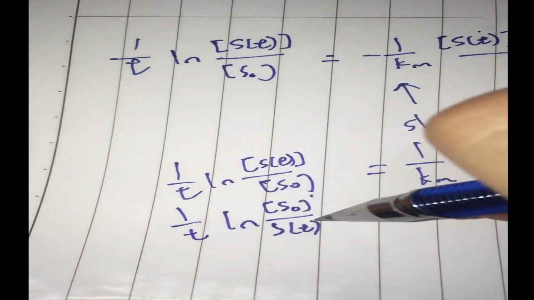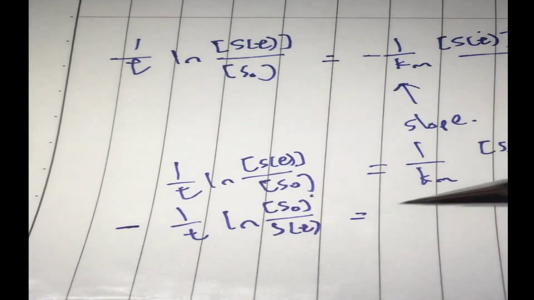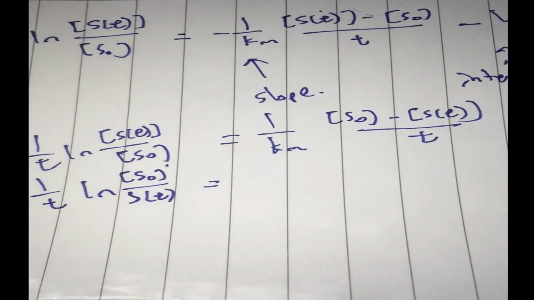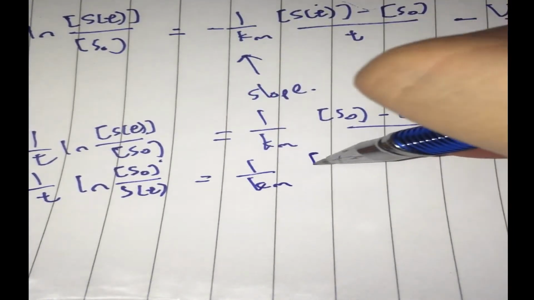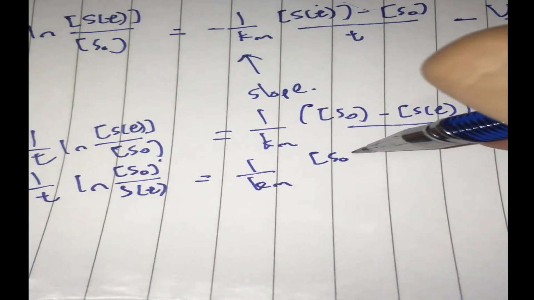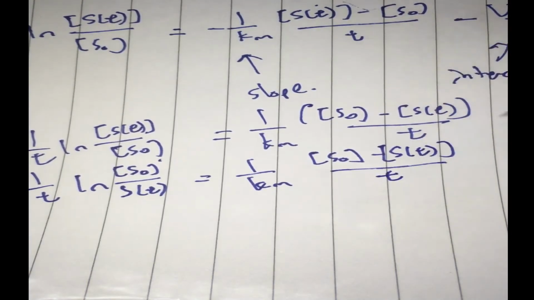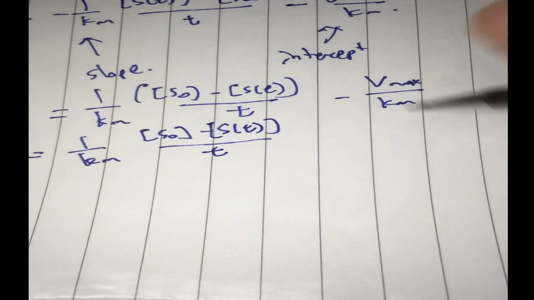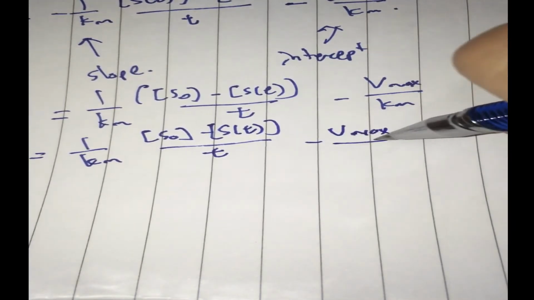We'll just swap the locations here, and then we'll have a negative ln. That will equal 1 by Km, S naught minus S at t over t, minus Vmax over Km.